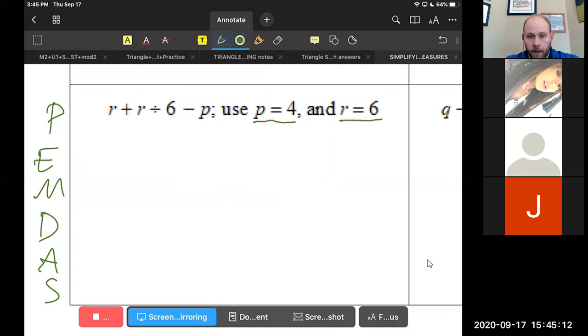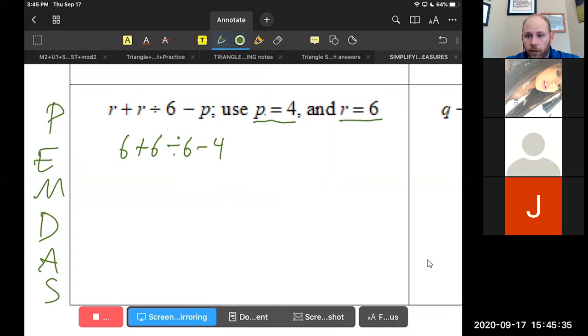Okay. So anytime I see an r, I'm going to put a 6 instead because it says r equals 6. And then anytime I see a p, I'm going to throw in a 4 instead of the p. So r plus r divided by 6 minus p is going to look like 6 plus 6 divided by 6 minus 4.